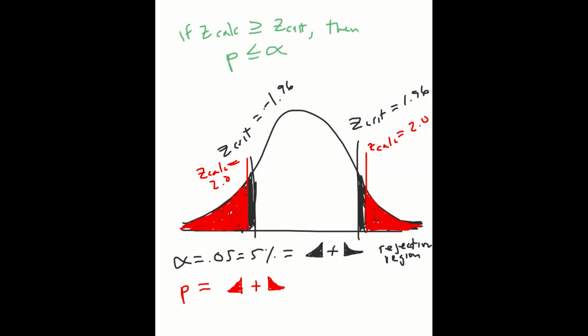So if Z calc is greater than, meaning it crossed over into that finish line, the finish line is Z crit, the black area. If Z calc is greater than Z crit, that means the red area, P, is going to be less than the black area, alpha. So here we can say P is less than alpha.